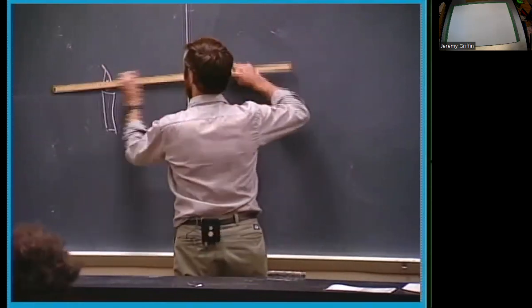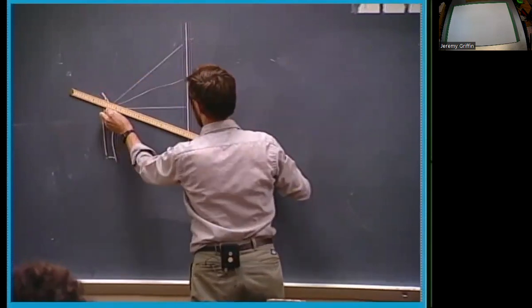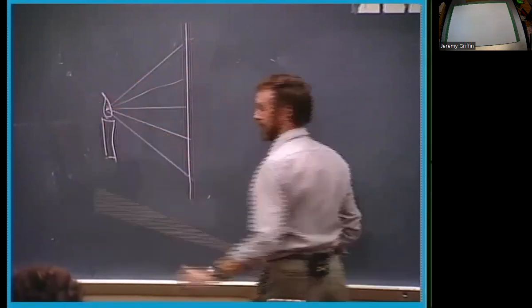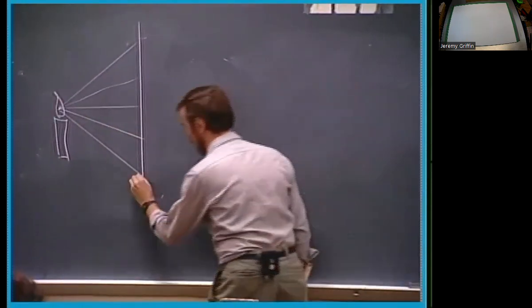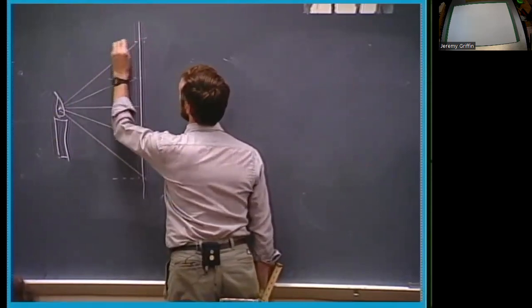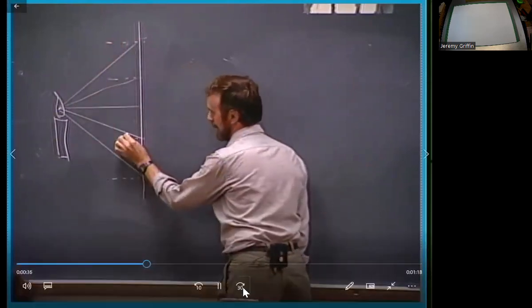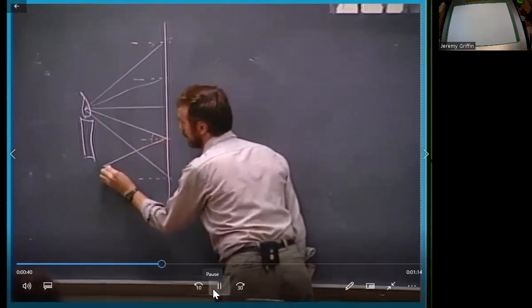Some comes straight ahead, some comes up like this, some comes like this. The light hits the mirror in all directions, and when it hits the mirror, it reflects. And it reflects how? There's a normal, a normal, a normal. It reflects such that this angle, for example, here, will be equal to this angle here, and reflect like that.